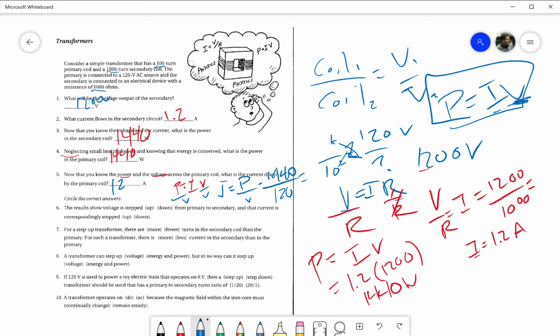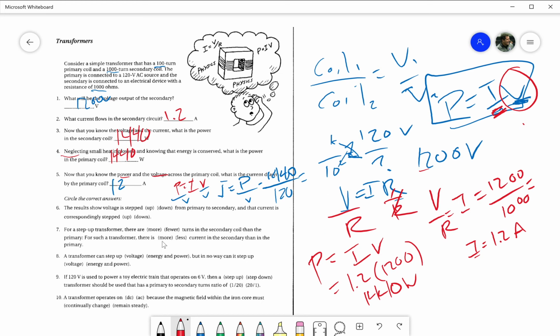The whole reason we send voltage across the country in really high amounts is that the current stays down. Low current means we don't lose as much energy as the electricity goes across the country, which means we have to have the voltage really high. Then when we get to a transformer, especially the one right outside your house, that voltage, which could have been 68,000 volts somewhere or 13,000 volts a little closer to your house, drops down to 120, so that you can have more current running through your house.